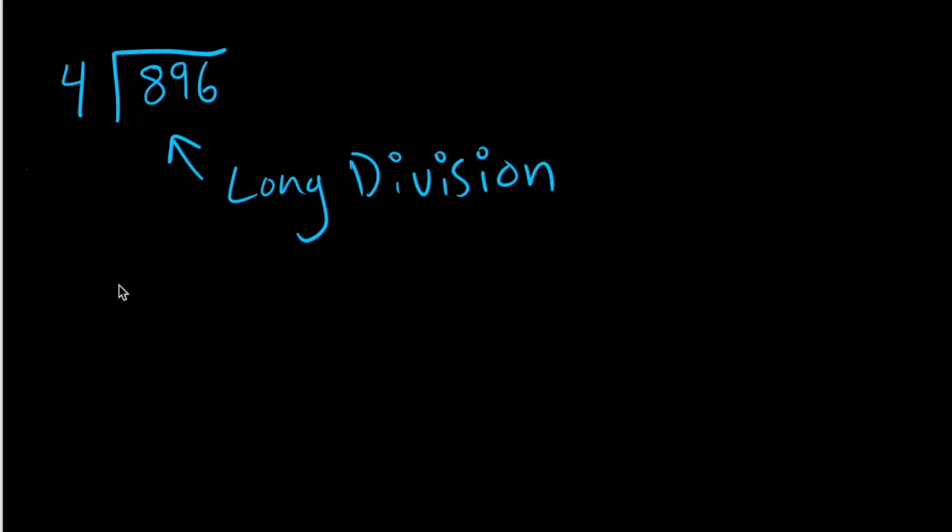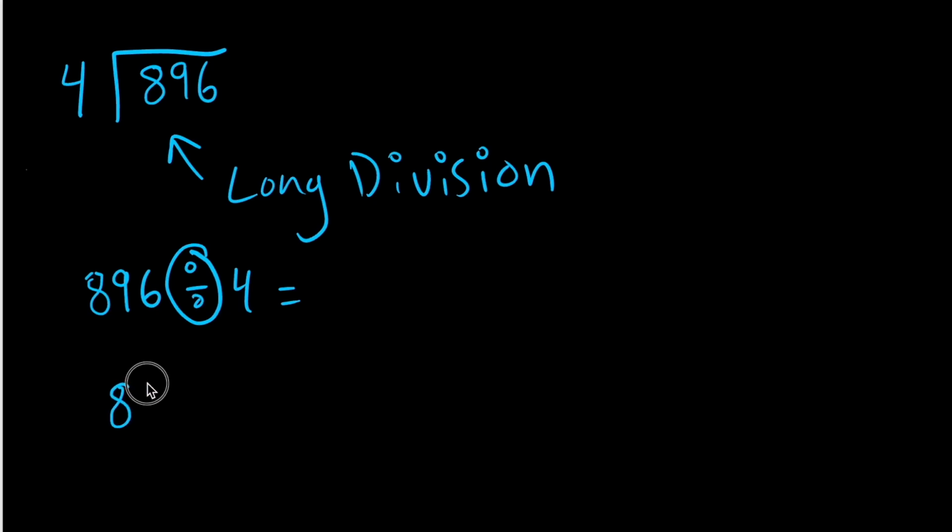Then you have your division symbol. It's written like this: 896 divided by 4 equals. This will be your division symbol. And then you have a forward slash.